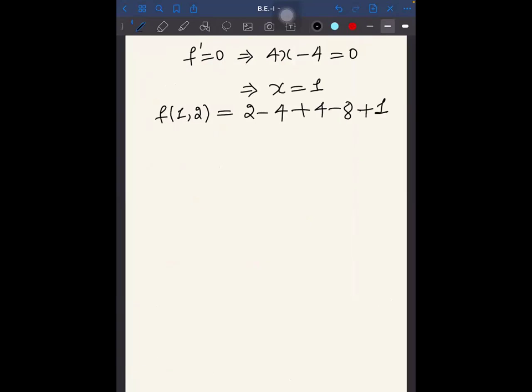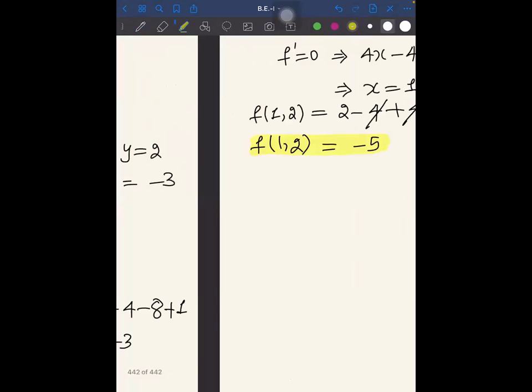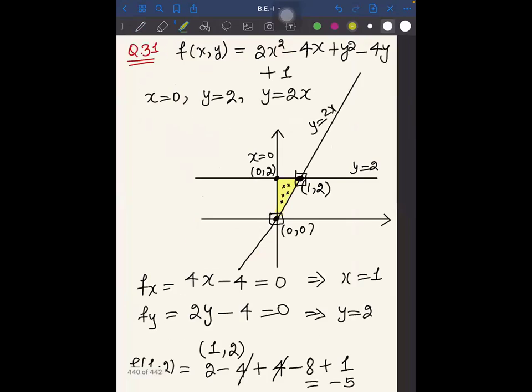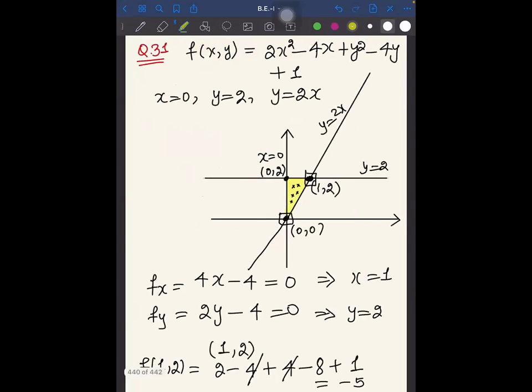So this becomes what? Again, minus 5. Yes, sir. Same as before. So this is a good sign that we are getting the same thing. So now you have one more point along y is equal to 2, that is (1, 2). But that (1, 2) we have already calculated.